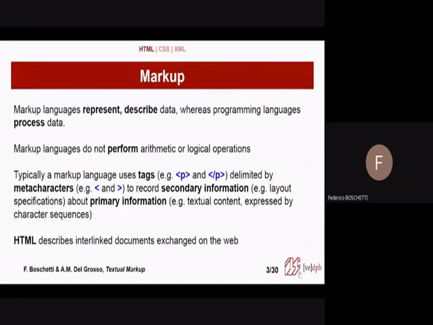Typically, a markup language uses tags, for example, the open P and the close P tags, delimited by meta characters, for example, less than and greater than, to record secondary information, for example, layout specifications about primary information, for example, textual content expressed by character sequences. HTML describes interlinked documents that are exchanged on the web.